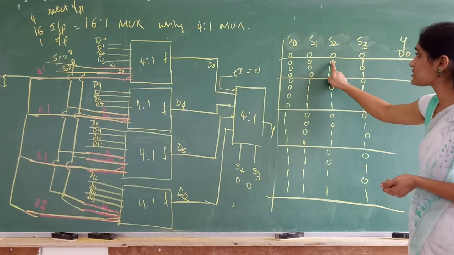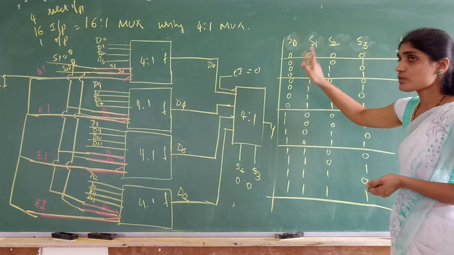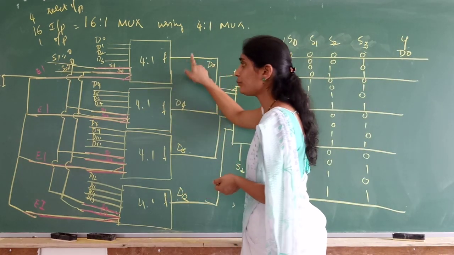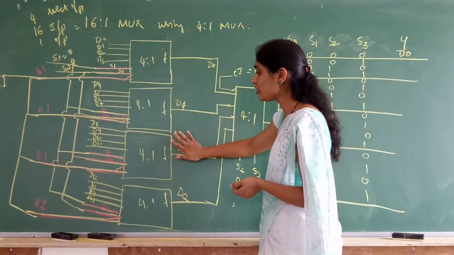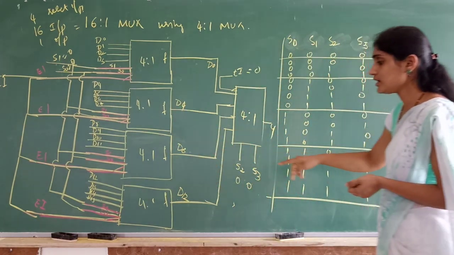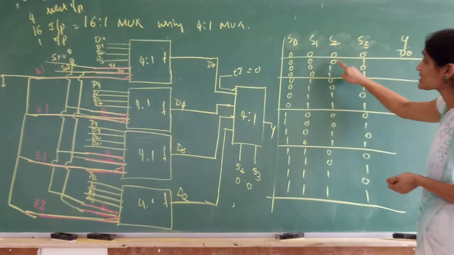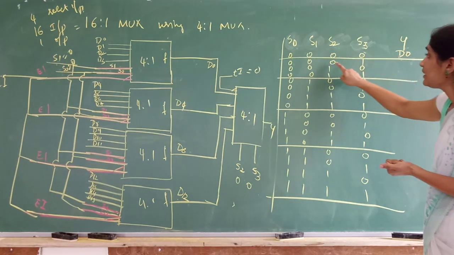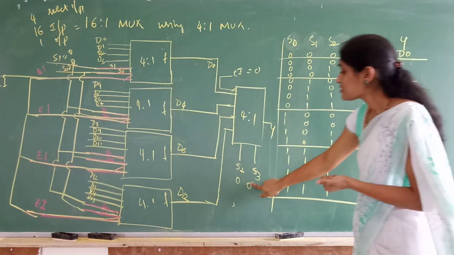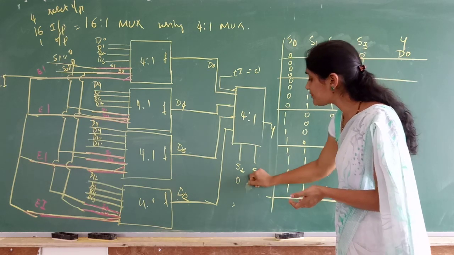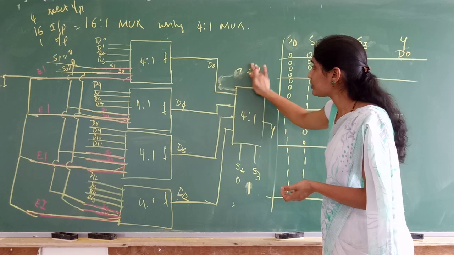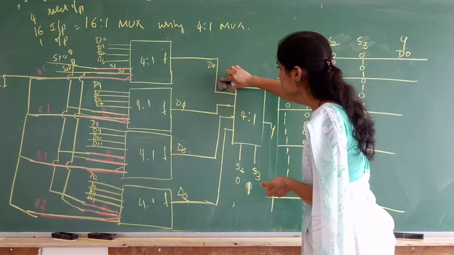0, 0, 0, 1. S0, S1 still 0, 0. So what is your output? Still it is D0, D4, D8, D12. What is S2, S3? Previous case it was 0, 0, so output you are getting is D0. Now it is 0, 1. What happens if it is 0, 1? Second input line will be selected. This is just the enable input, don't get confused.